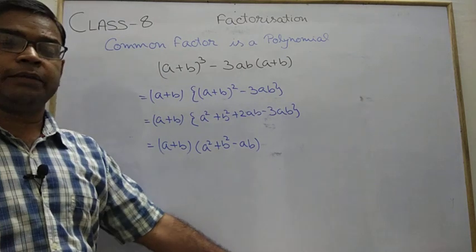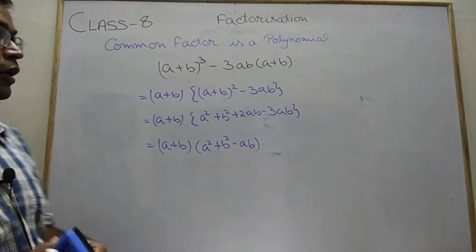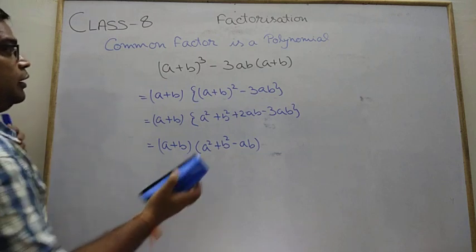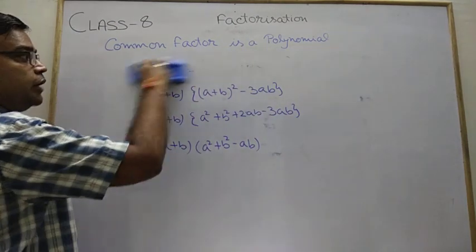Now I told you that I will discuss our last question, where there is a change of sign. You have to be very careful. So I am going to write down that question.